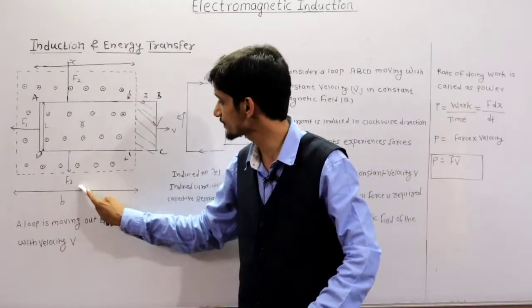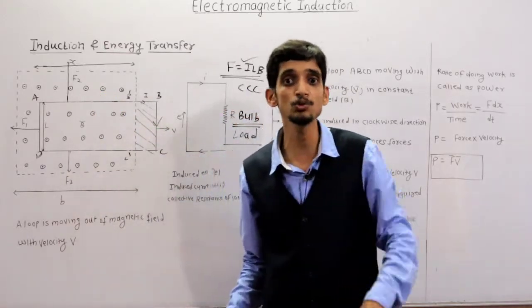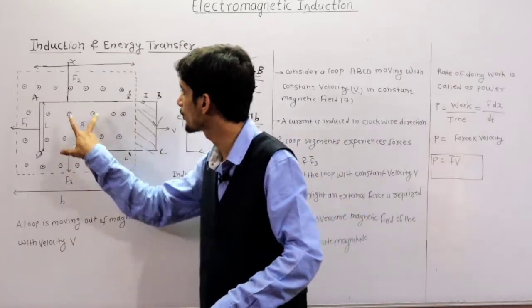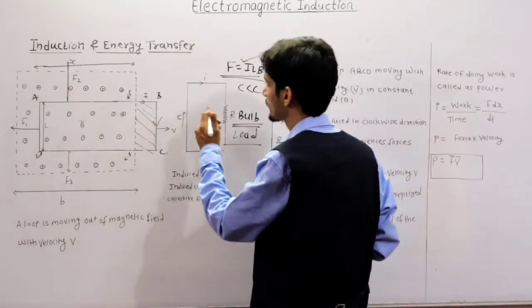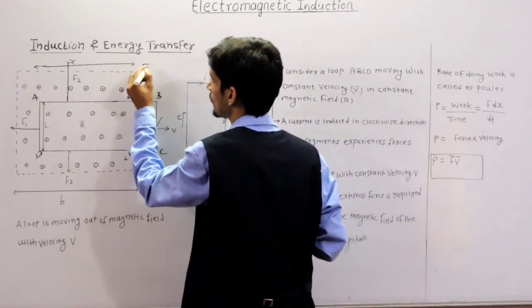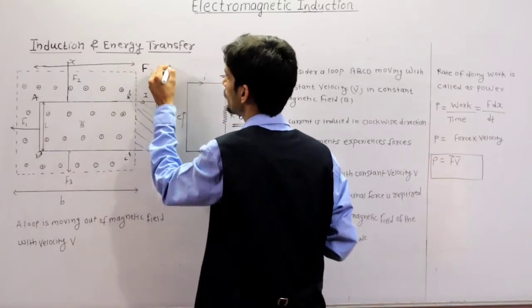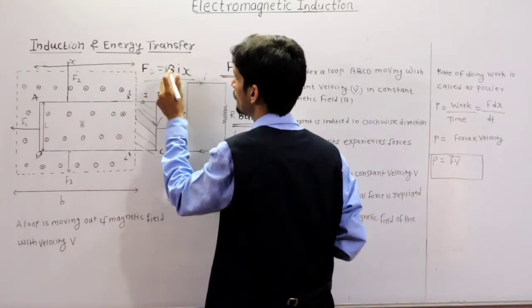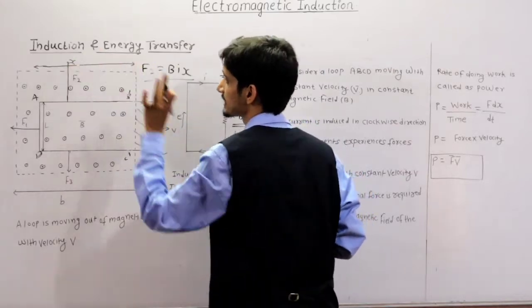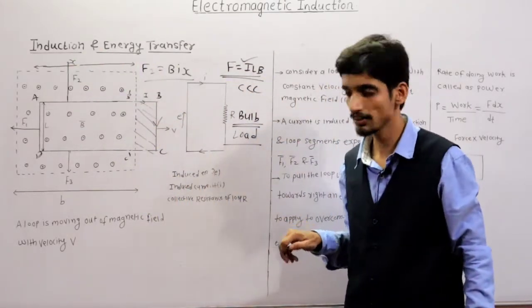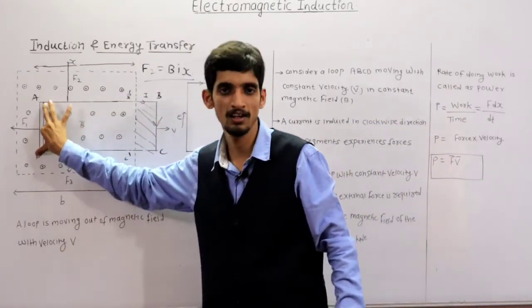So these two forces F2 and F3 are of equal magnitude. What is the magnitude? BIx. Why? Because length is now x. So F2 is equal to F3 is equal to BIx. BIL, length is x. Clear? And this experiences a force of BIL.